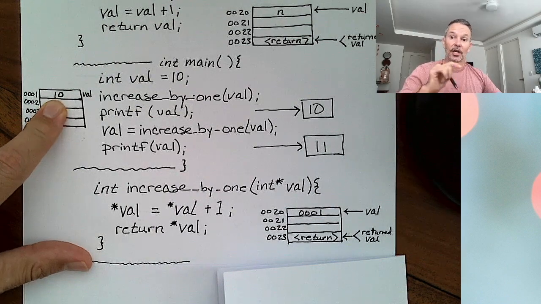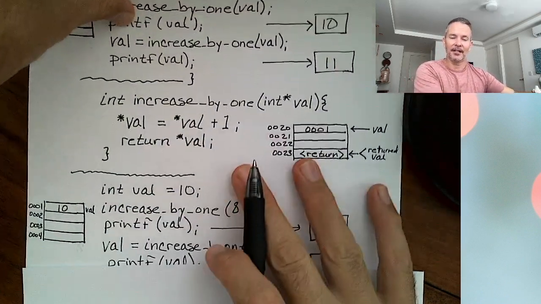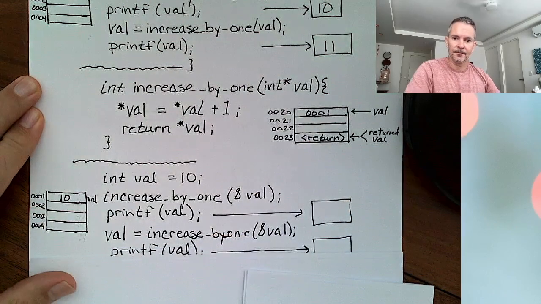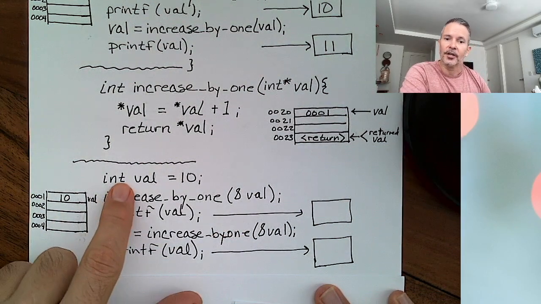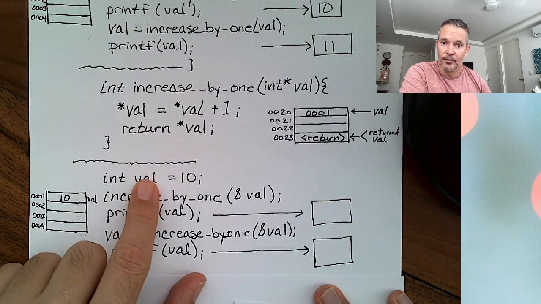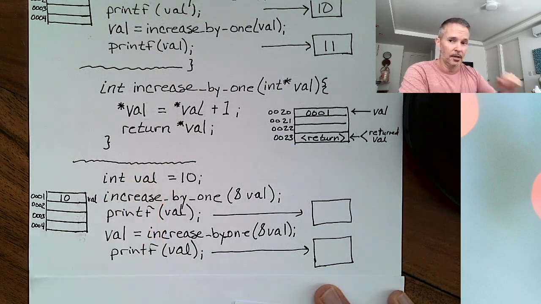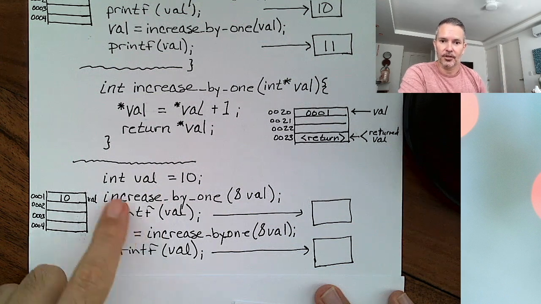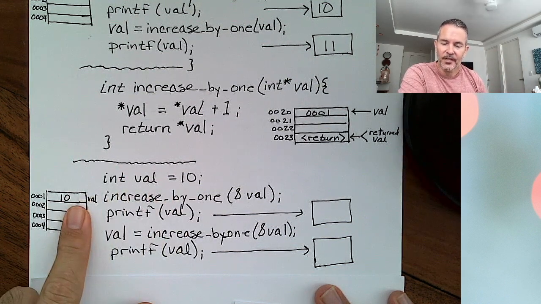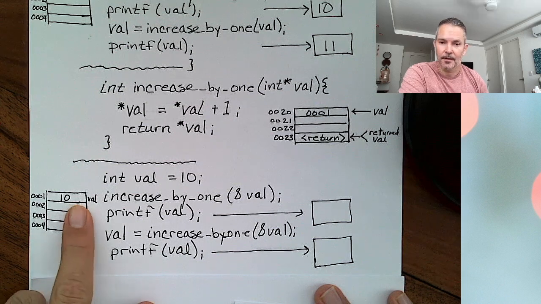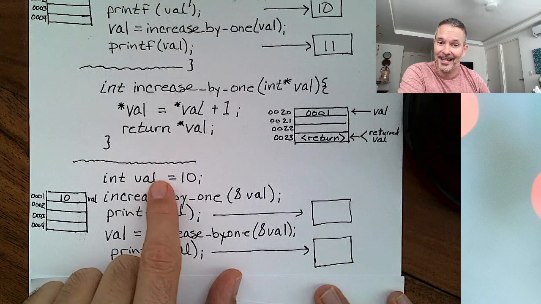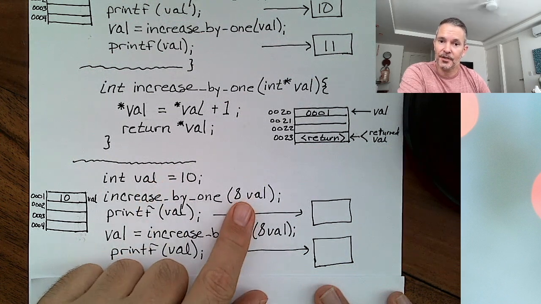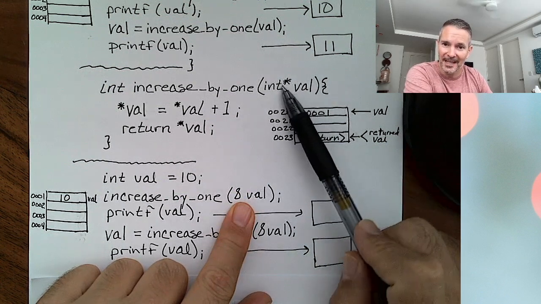So let's look at what would happen if I had used this new function in a main program. Here again, I create a variable that is local to the main function. It's in the scope of the main function. I set it to 10. The memory is going to look like this. Then I call increase by 1, and I have to get the address of the local variable because this increase by 1 function requires that I pass in a pointer.